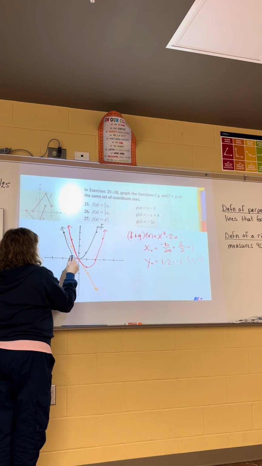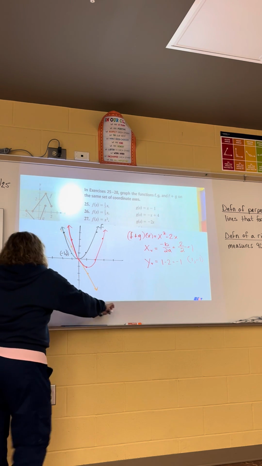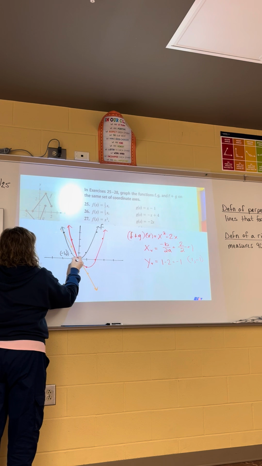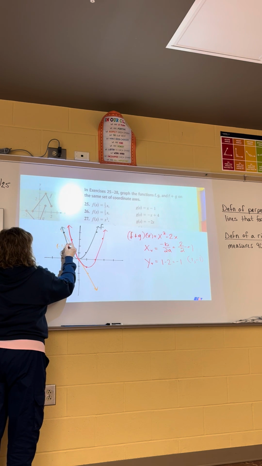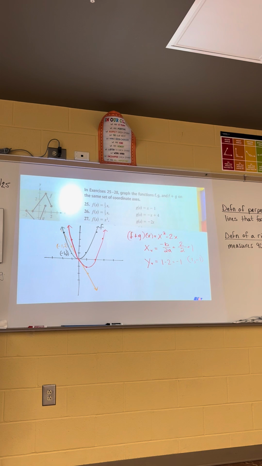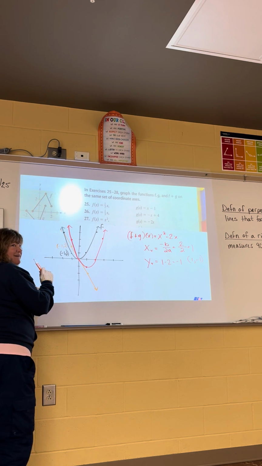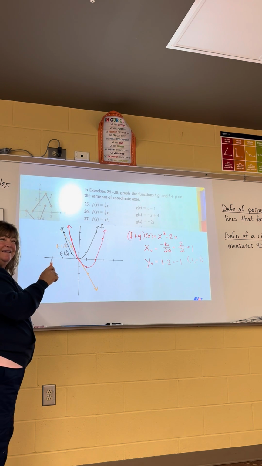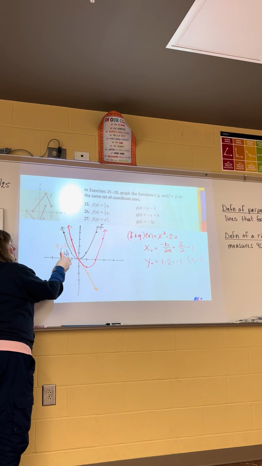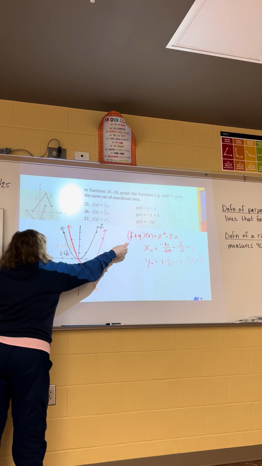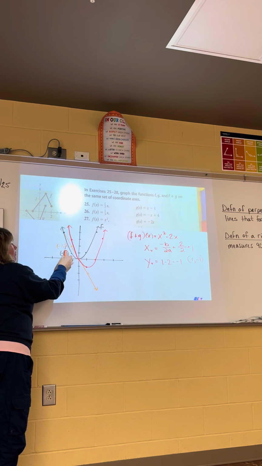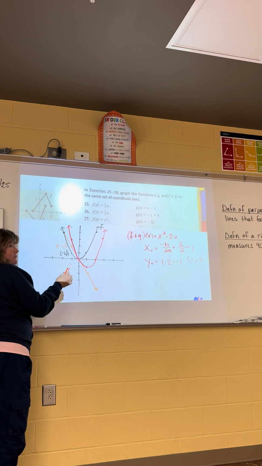The f has (-1, 1). G has (-1, 2). So to get the y coordinate of f plus g, all I have to do is add these. 1 plus 2 is 3. Get it? The x coordinates are the same. If I'm adding my functions, f plus g, then all I have to do is add the y's. 1 plus 2 gives me 3.